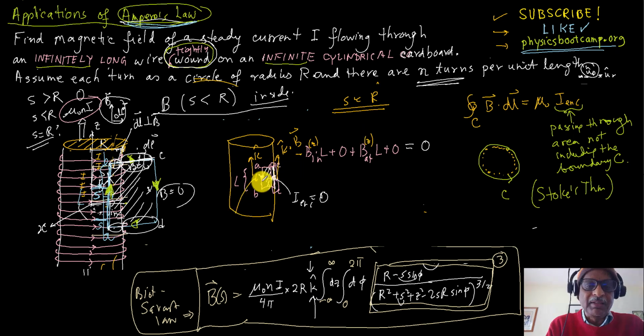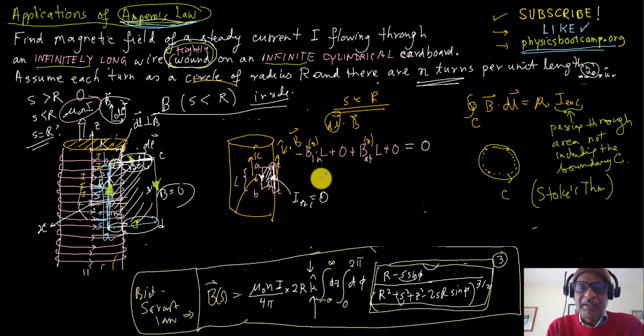Because dL is opposite to k, the way I'm going is exactly opposite. I should have drawn something more like this. We just look at the Z component, because you're doing dL dot B, and dL is either negative Z or positive Z, which is why you have a negative and positive here.